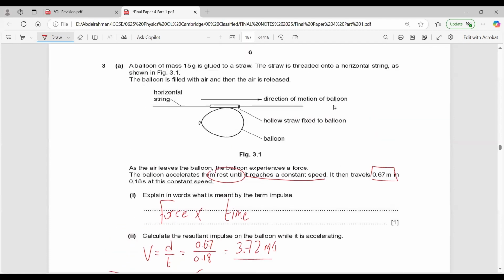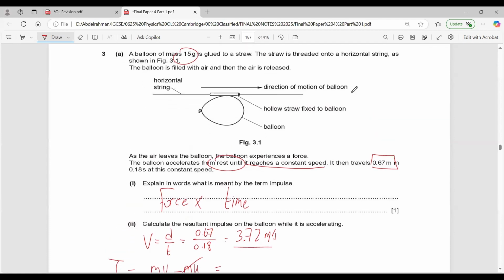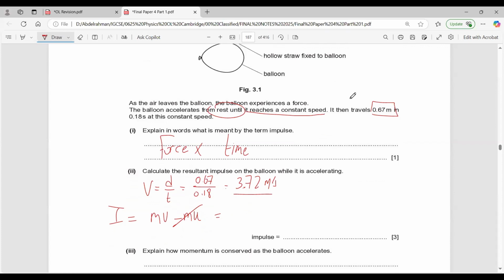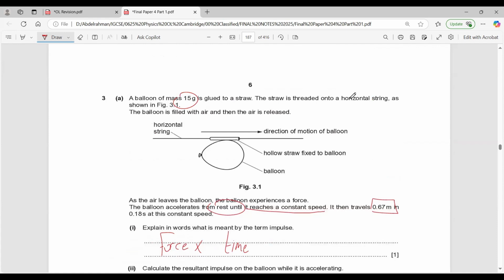The mass is 15 grams, so 15 times 3.72? No, that's wrong. You cannot use 15 grams.